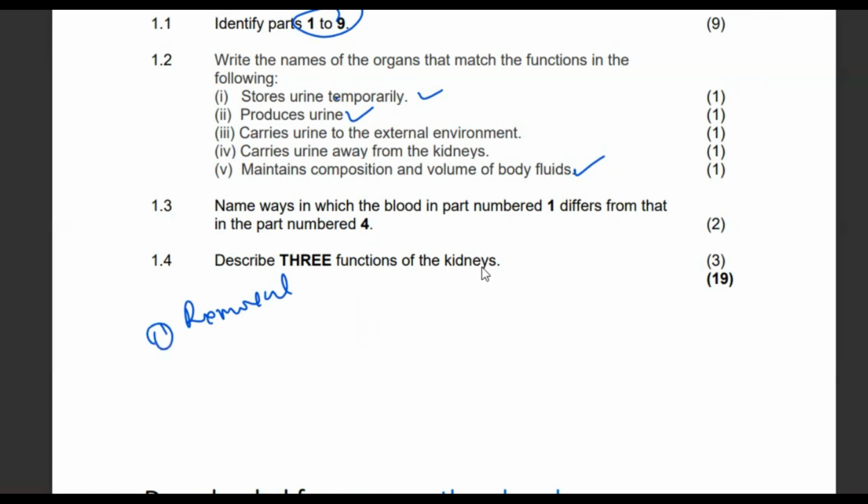That's number 1. Then number 2, you can talk about osmoregulation. Osmoregulation means controlling the internal environment in terms of water. The water amount of the body must be kept constant.